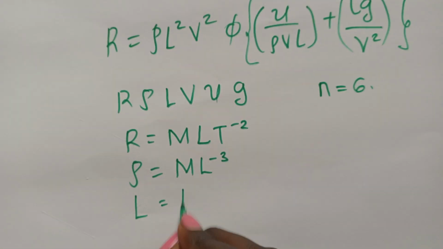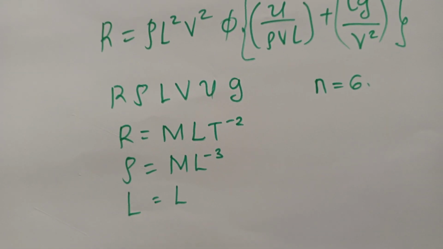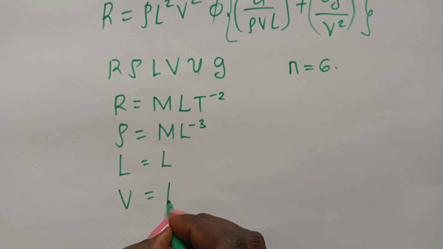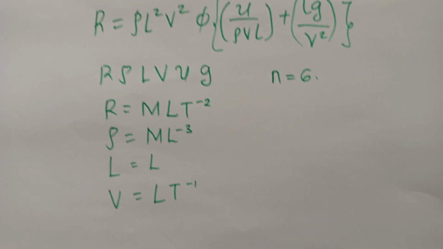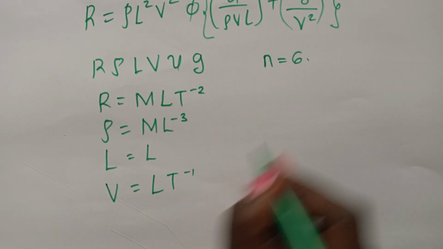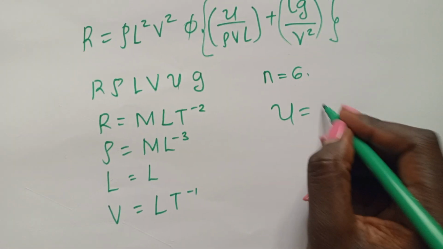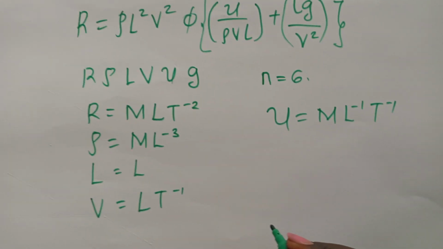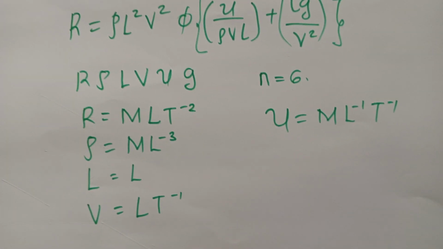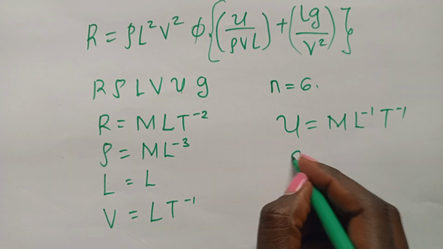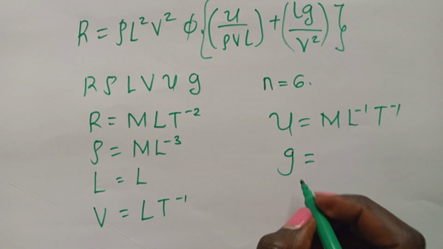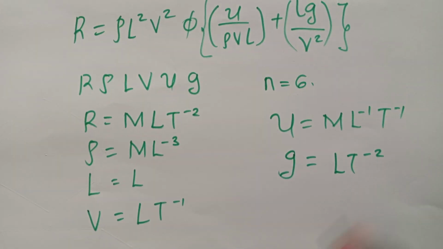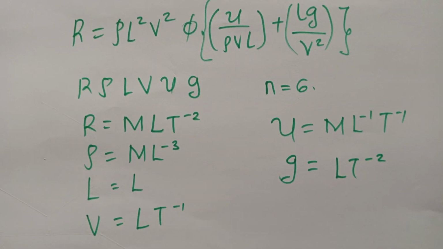L will still remain as our L. We have velocity, which is distance per unit time. We have the mu, which is M, L to the -1, T to the -1. Remaining is acceleration due to gravity, which is L, T to the -2. So these are the dimensions.